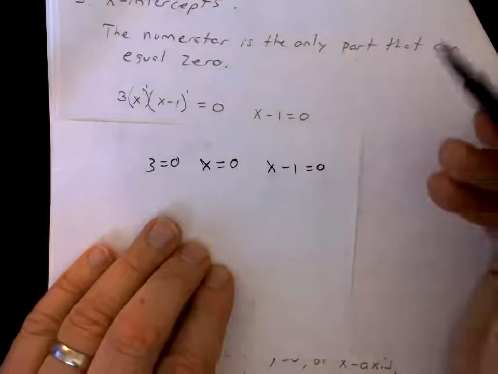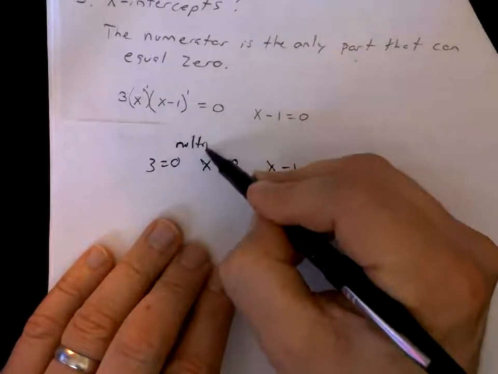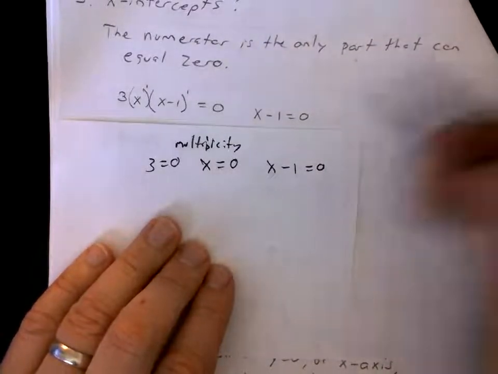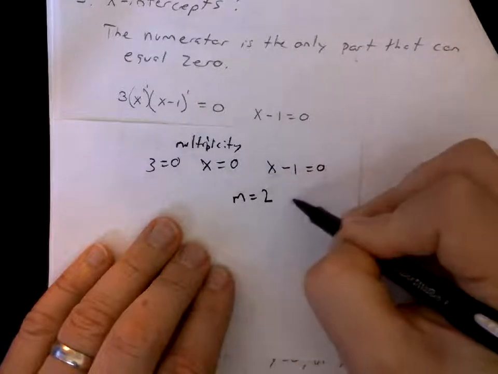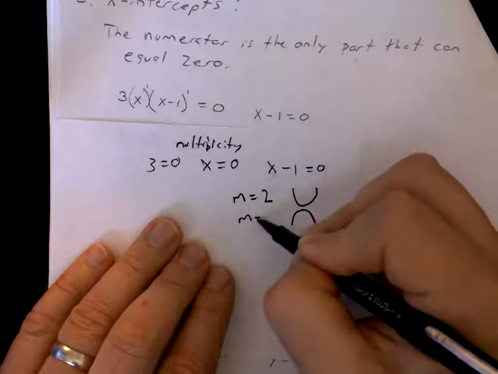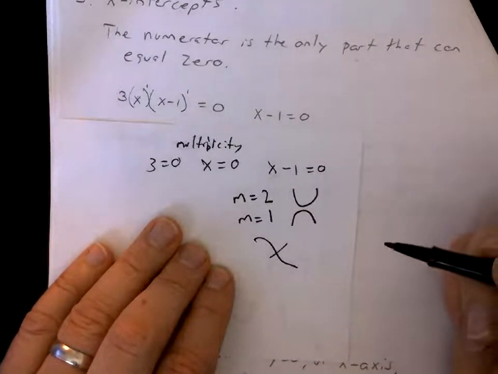And I want you to be very careful. These all have multiplicity. Remember, multiplicity is saying how many times your graph crosses. If it's a multiplicity of 2, it's going to touch, or what we call bounce off. If it's a multiplicity that is odd, it's going to go through.